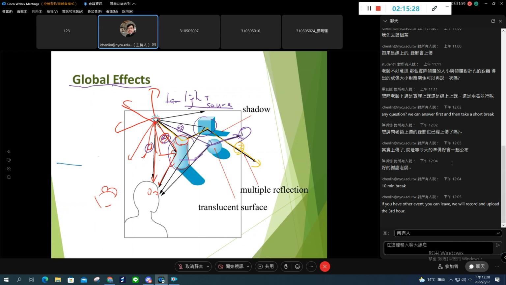Because whenever light reaches a surface, a portion, say alpha percent, is reflected. Say alpha is 50%, just a fake number. When 100% goes here, after reflection only 50% remains. When it reaches another surface, say this one absorbs more color, perhaps 80% is absorbed, so only 20% is reflected.